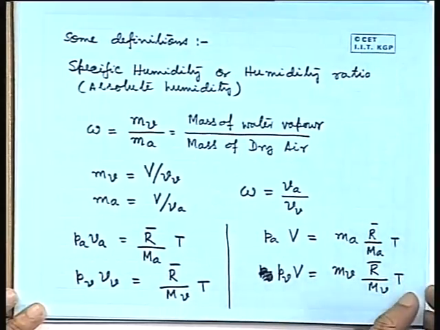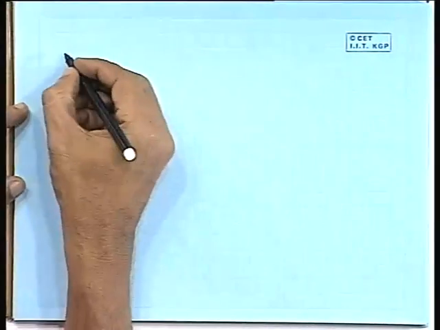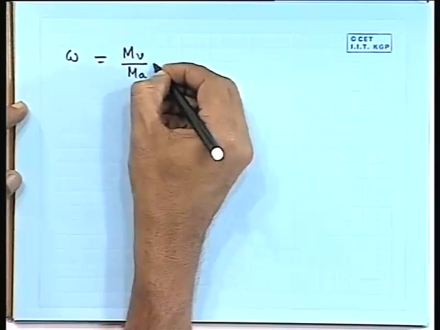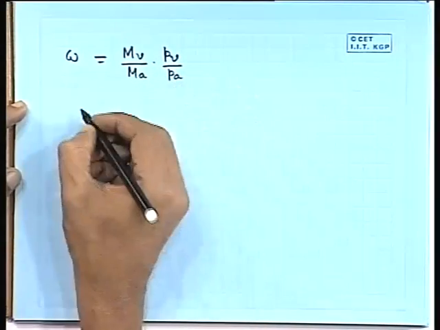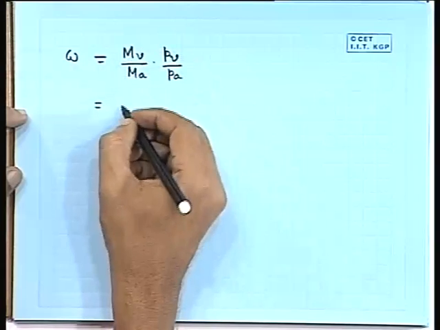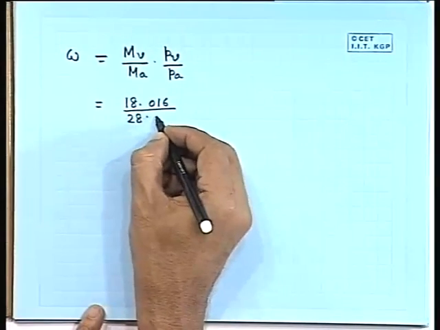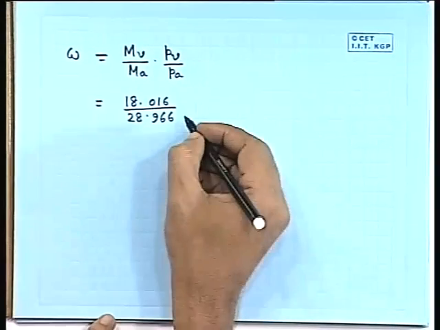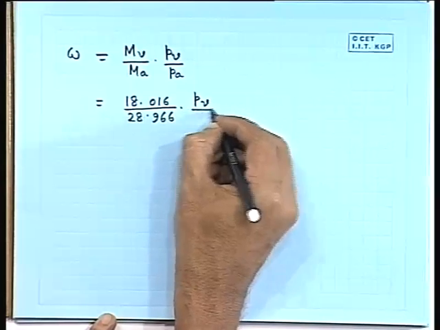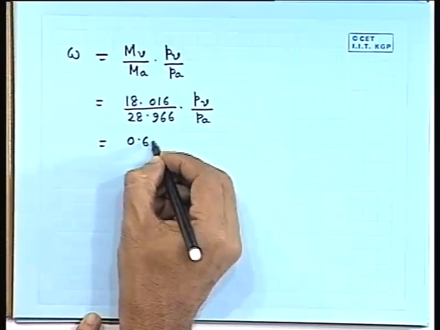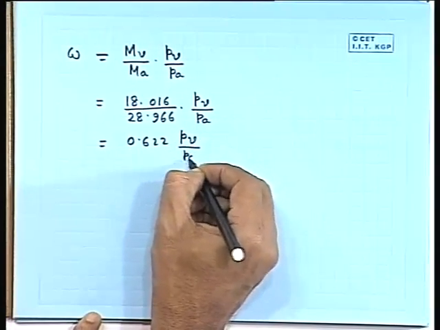All right. Then we can write omega is mv by ma, and Pv by Pa, and putting these values, 18.016, the molecular weight of water, and 28.966, approximately 29, the molecular weight of air, we will have 0.622 Pv by Pa.